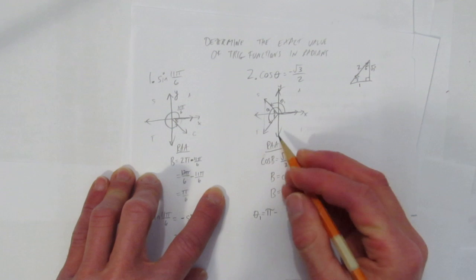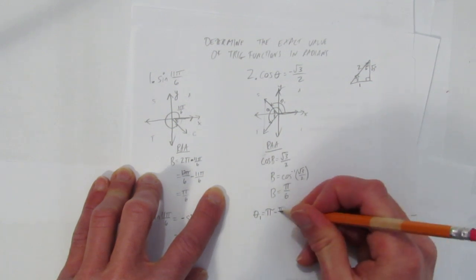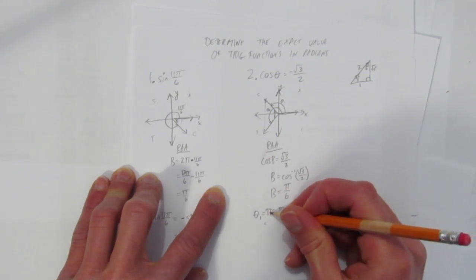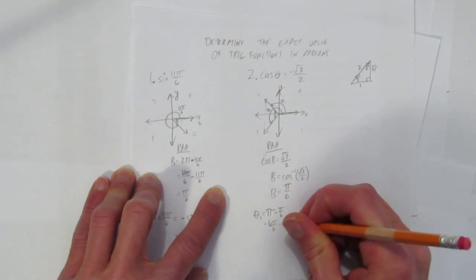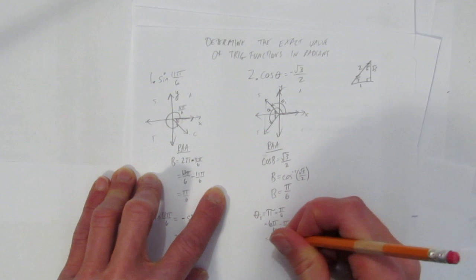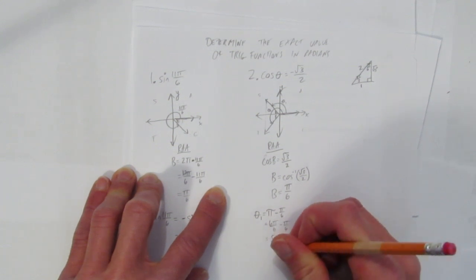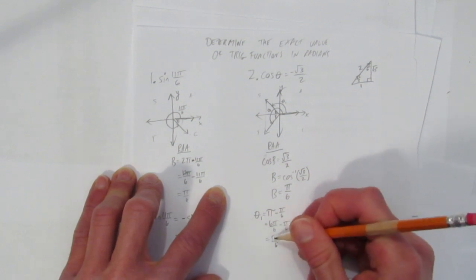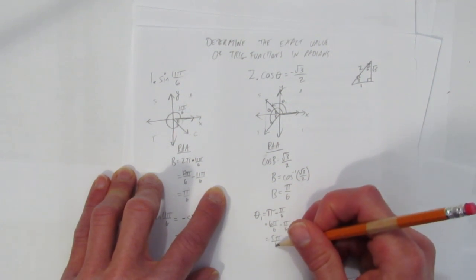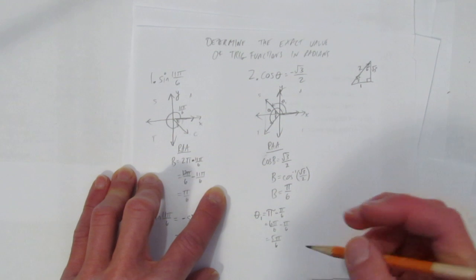Take away the related acute angle, pi over 6. So let's make them common denominator. Pi is the same as 6 pi out of 6. Take away pi out of 6, you get 5 pi out of 6. So that's the first answer. You can check on your calculator. If you are in radians and you ask, what's the cos of 5 pi over 6? You'll get negative root 3 over 2.